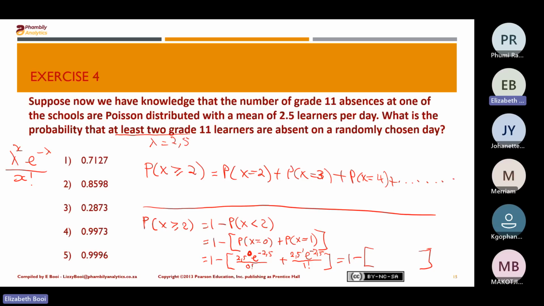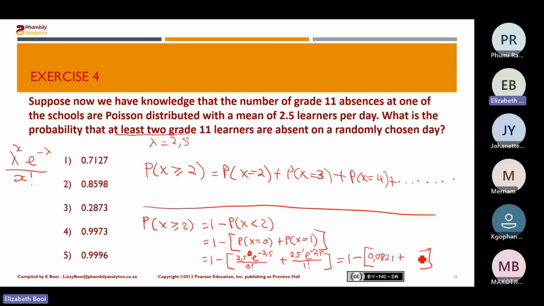So let's do the first one. It is 2.5 to the power of 0, which equals 1. Any value to the power of 0 is 1. Multiply by e to the power of negative 2.5, divided by 0 factorial. The answer here is 0.0821.